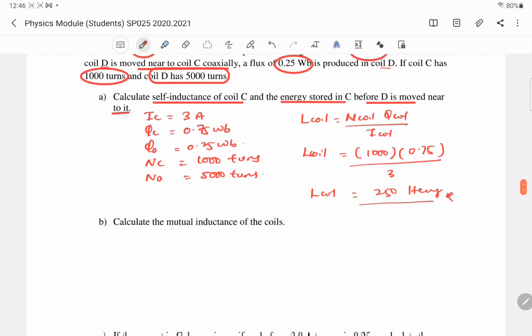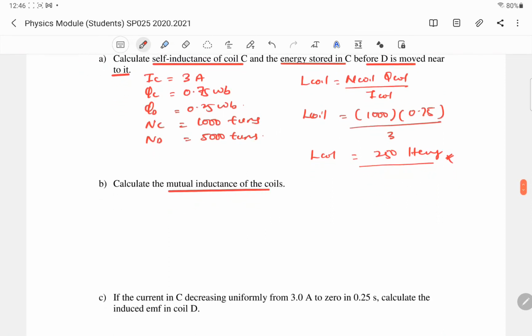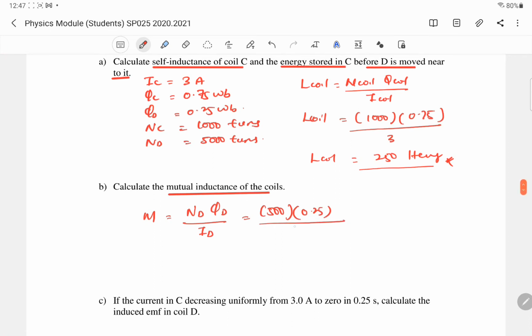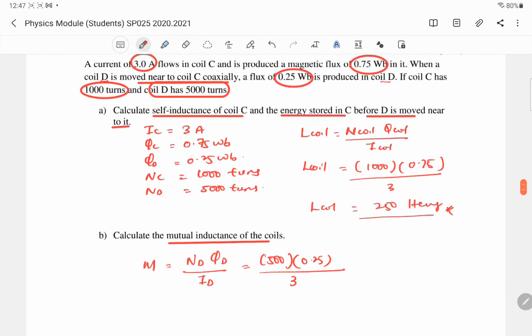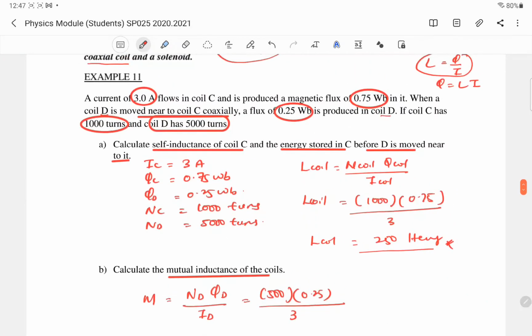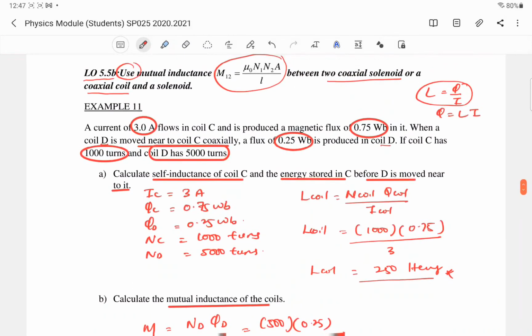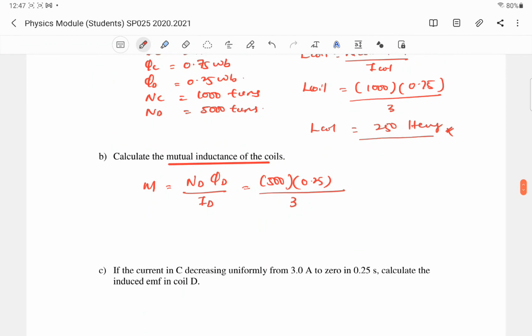Calculate the mutual inductance of the coils. To get the mutual inductance of the coils, we know M equals N D flux D over ID, and N D is 5000, flux D is 0.25, ID is also 3, because the current of 3 ampere flows in coil C, but it is the same winding, so we will have ID as 3 amperes too.